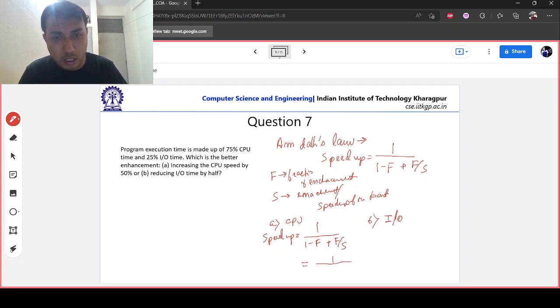Here it will be 1 minus 0.75, because that is the fraction of CPU time, plus 0.75 divided by 1.5, because the speed is increased by 50%. If you solve this, the speedup comes out to be 1.33.